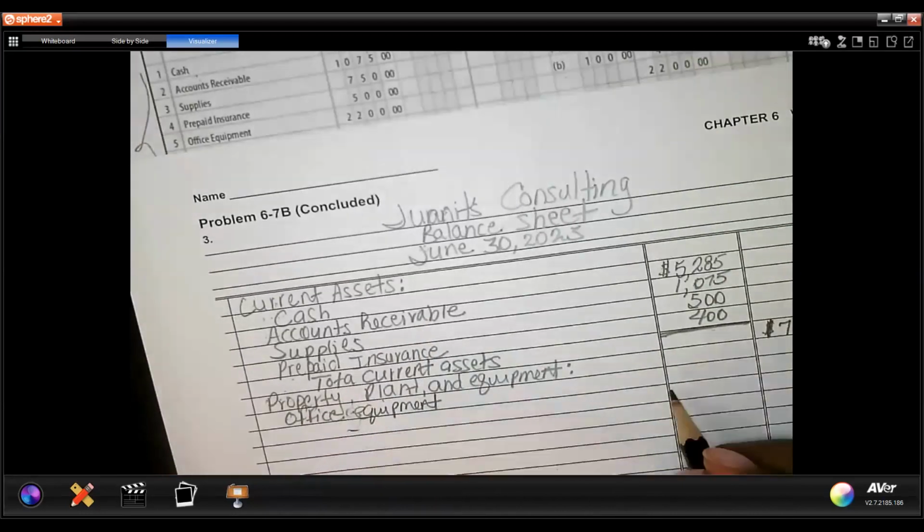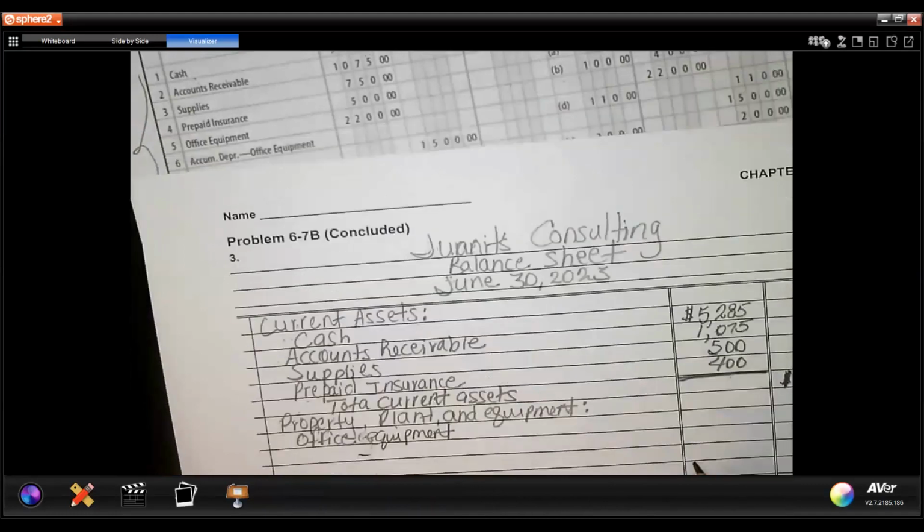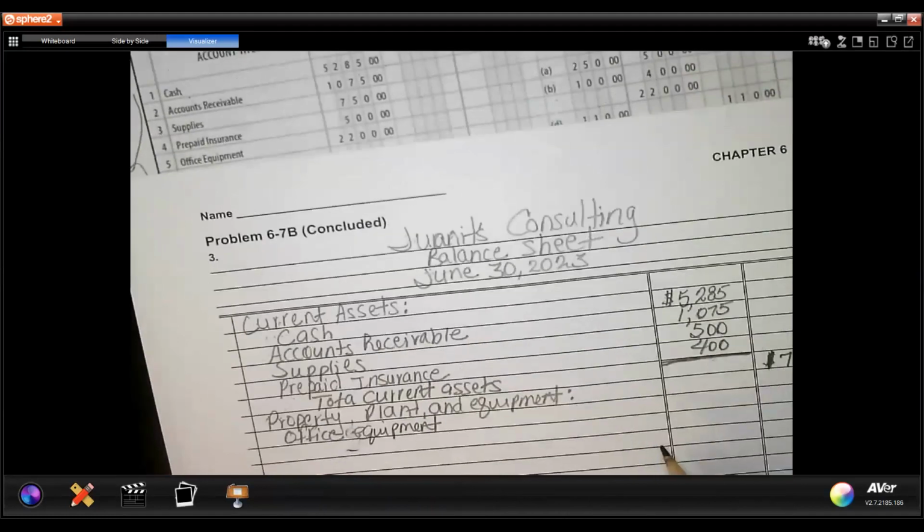Of course, as we see on here, we originally purchased office equipment for $2,200, which again is an asset account that carries a debit balance. We're going to list it on the left side of the equation. So here we're going to list it. That amount was $2,200.